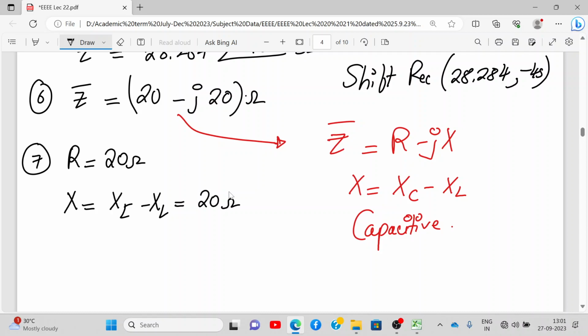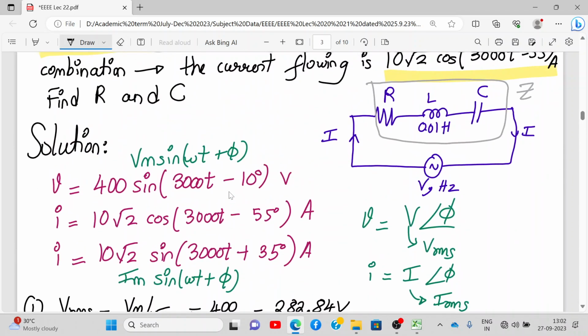Do you know the value of XL? We can find that because the L value is given. XL will be omega L, right? What is omega given as? Omega is 3000.